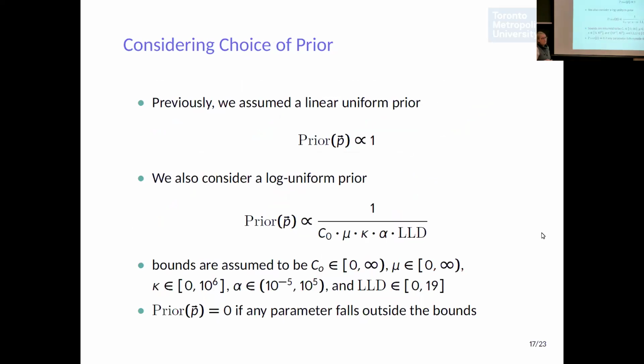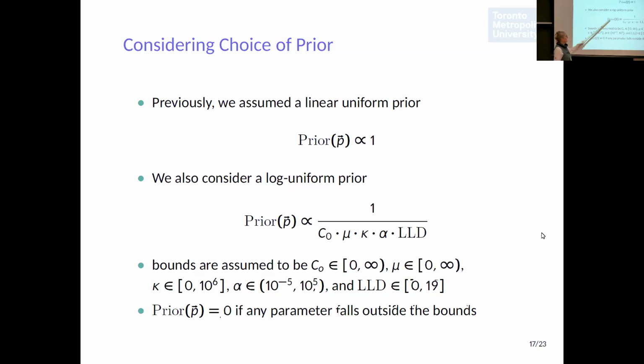And then what about the choice of the prior? So normally, it's very, very common to assume a linear uniform prior in Bayesian inference, but it doesn't always give the best results. And I can't say that one is better than the other, but I will say that you should try other priors because it does affect the results.